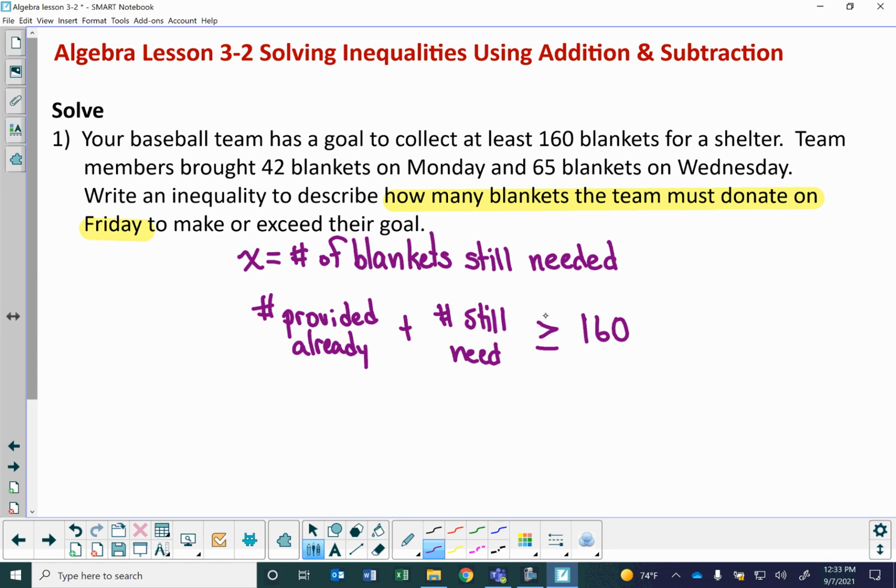Okay, so the number that's provided already, well, they brought in 42 on Monday, plus 65 on Wednesday, plus the number that's still needed, that would be x. Okay, to make or exceed. Exceed means greater than, make means equal to. So that's why it's greater than or equal to 160.